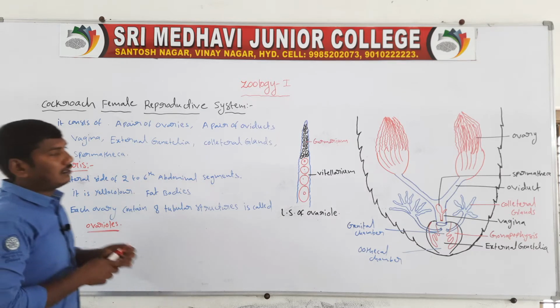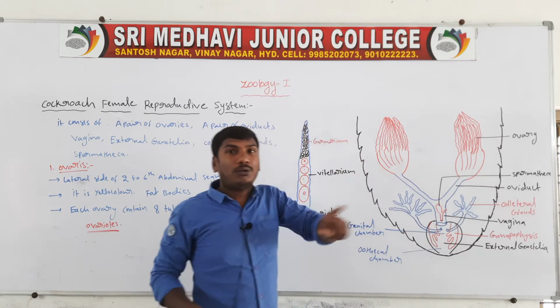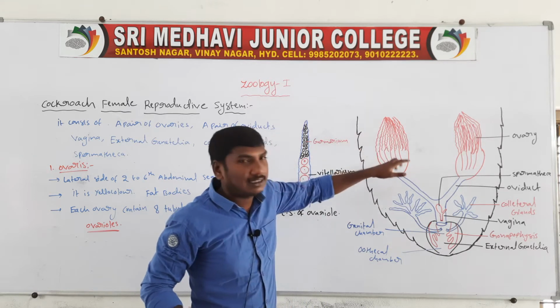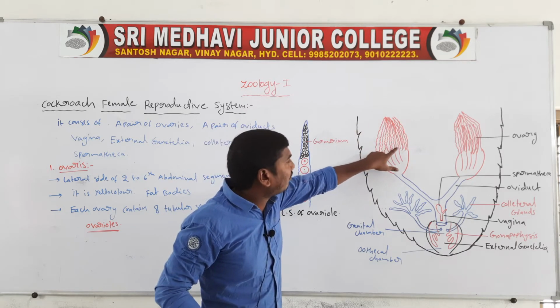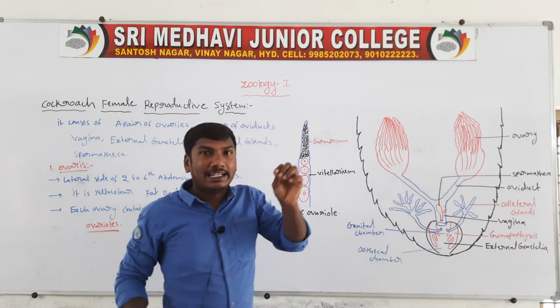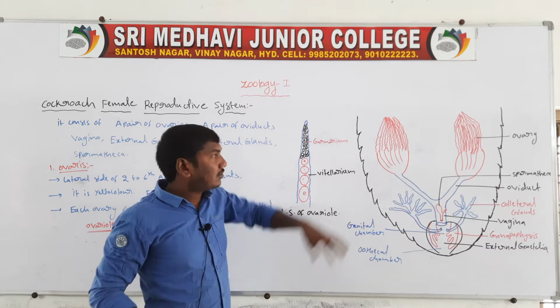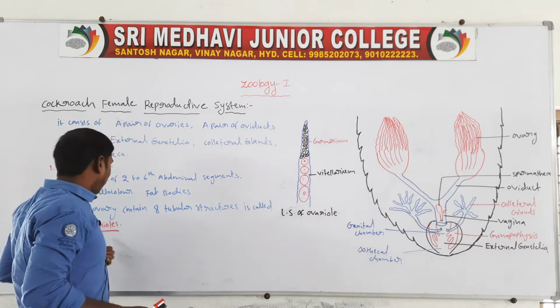So this is the ovary, and these are the 8 tubular structures. These are called the ovarioles. 1, 2, 3, 4, 5, 6, 7, 8. Each ovary contains 8 tubular structures, and these tubular structures are called ovarioles.